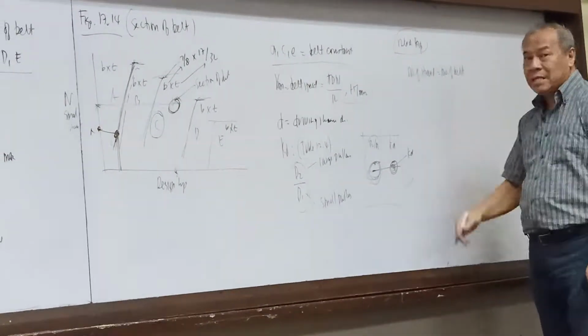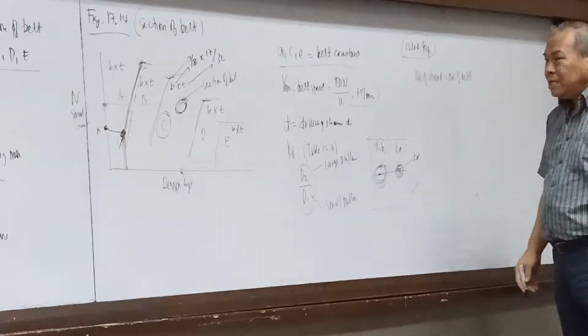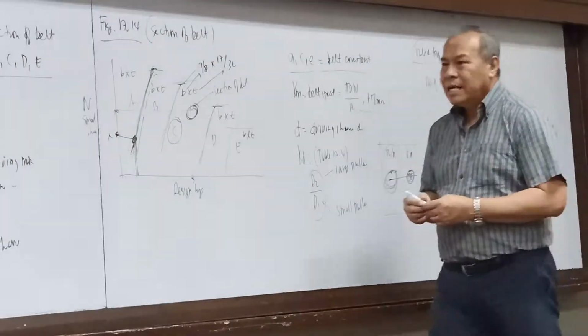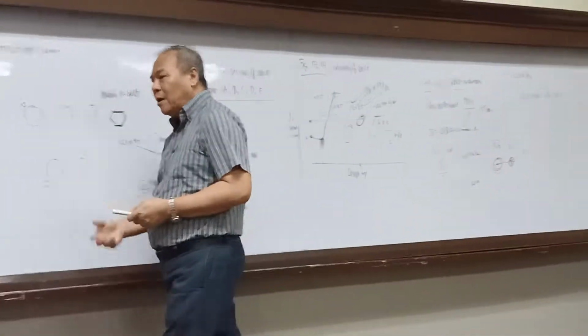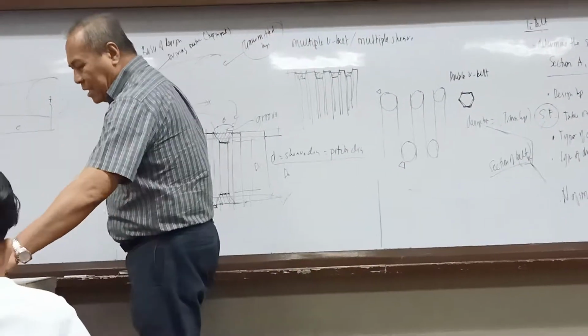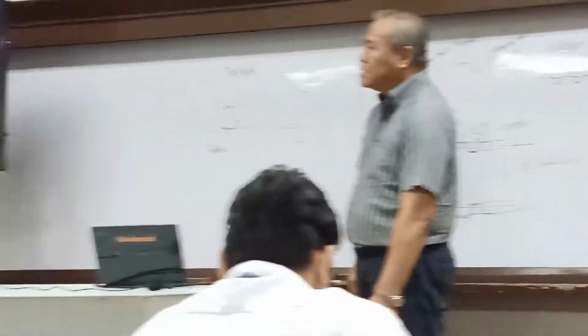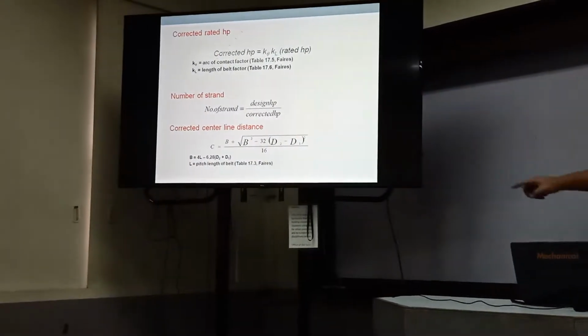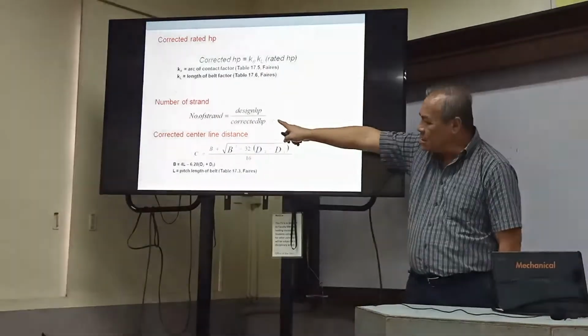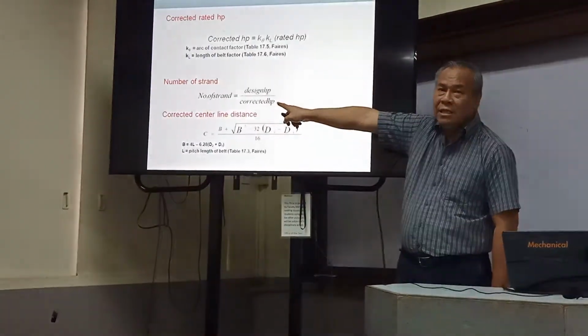Ilang belt ang gagamitin natin. Okay? All you need to do now is to get the corrected rated horsepower and divide it by your design horsepower, which is now this one. Oh, ginagamit natin. Okay? So this is how we determine the number of strands.